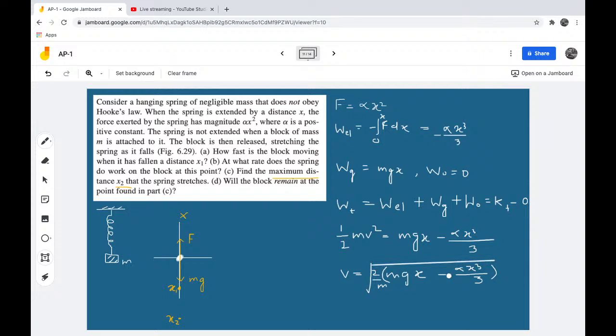So remember this is x1, this is x1. So that gives me my velocity.